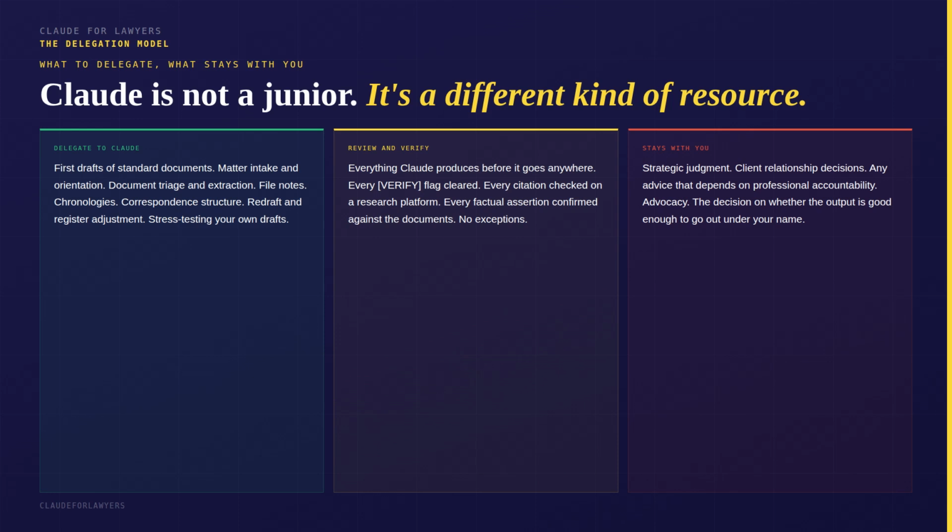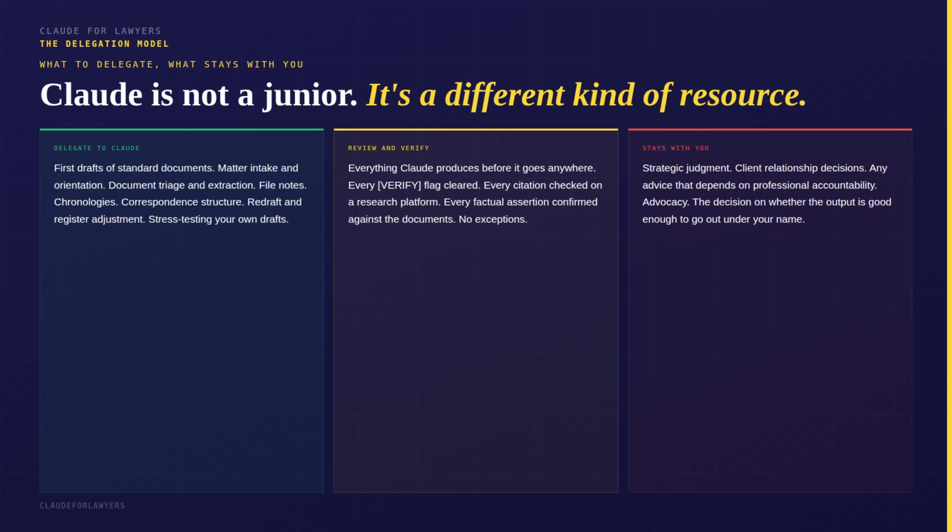What belongs in the delegate column is substantial. First drafts of standard documents, letters, file notes, memos, contract reviews, advice structures. Matter intake and orientation, the cold matter brief, the chronology, the party and issue map. Document triage and extraction across a full file.